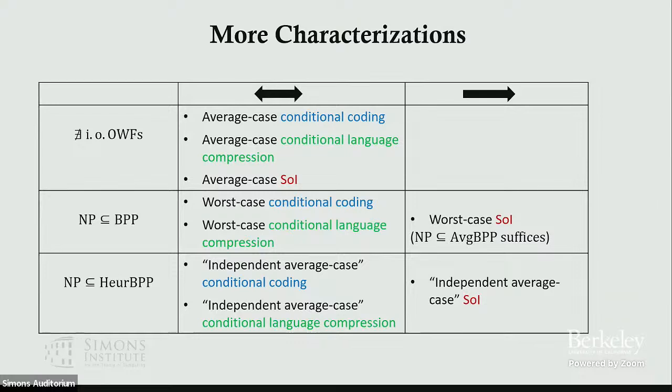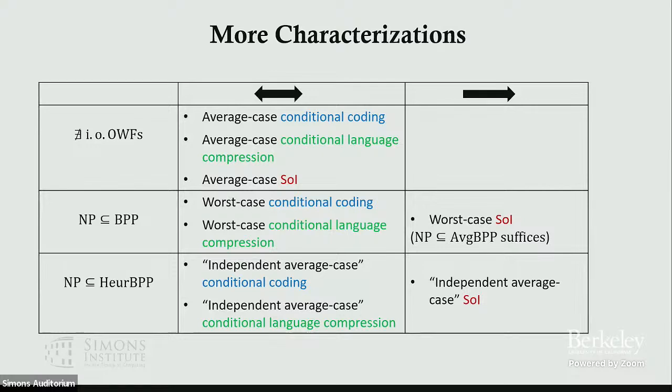And similarly for NP is easy on average, we can characterize it using another kind of average case version of the same property called independent average case. But I will not define it here. The idea is that this gives a way to look at standard complexity assumptions through the lens of Kolmogorov complexity and its properties.